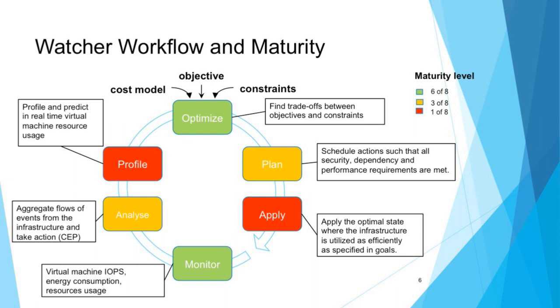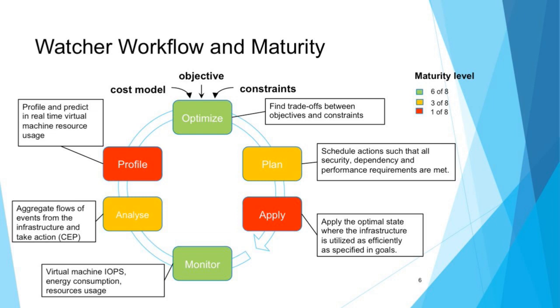So in terms of the workflow, if you look at what Watcher is doing, Watcher has a cost model, an objective, and of course some constraints, and those are fed into what we call the decision engine, and that is where we actually have the plugins.